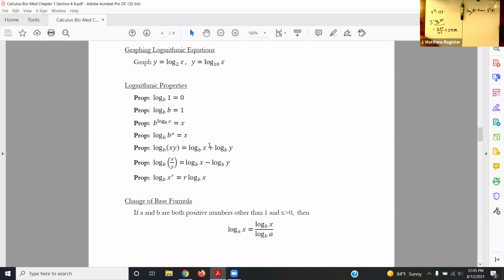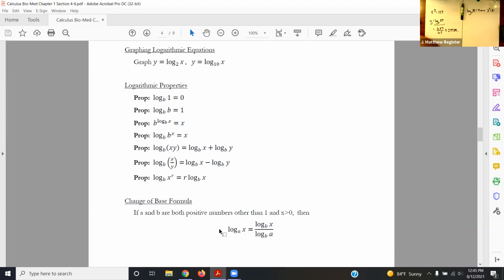We then have these 3 ways of expanding logarithms or contracting them if we want to. We can get this log base b of xy to be expanded to log base b of x plus log base b of y. Or we can take the quotient of them and make it a subtract. We also have this one where we can actually bring exponents down to the front of a logarithm.